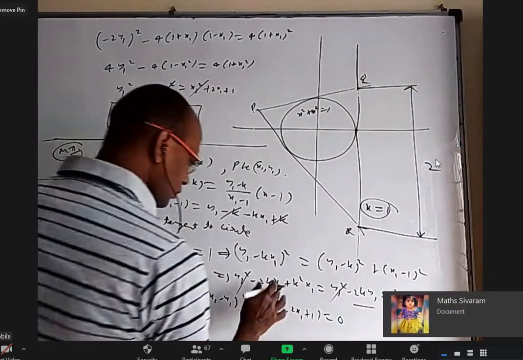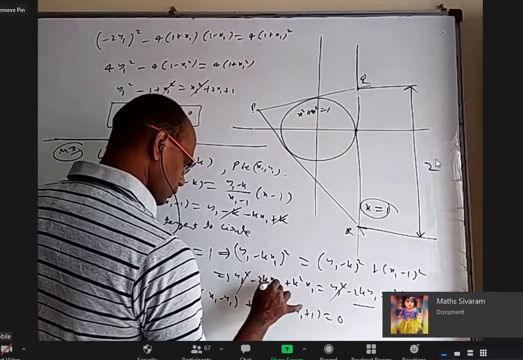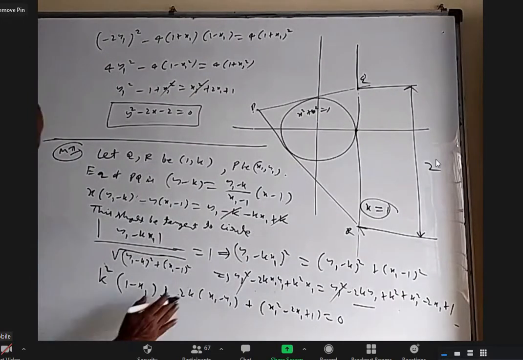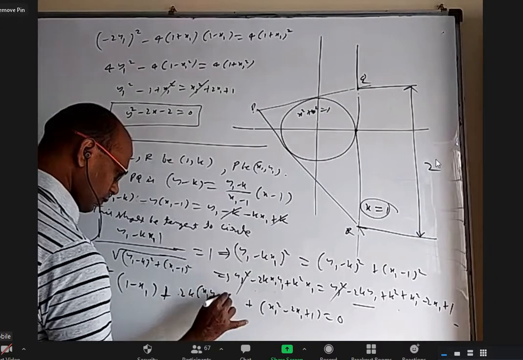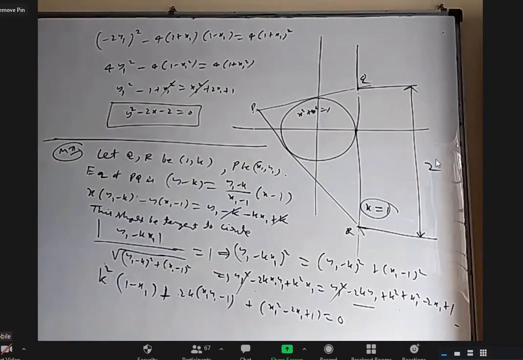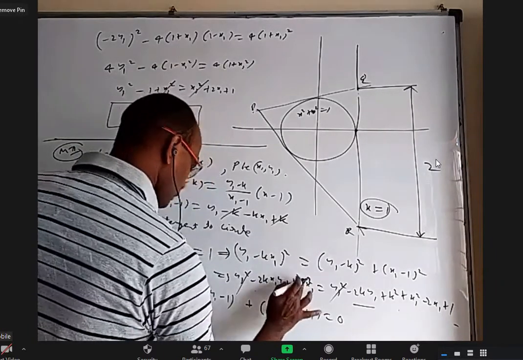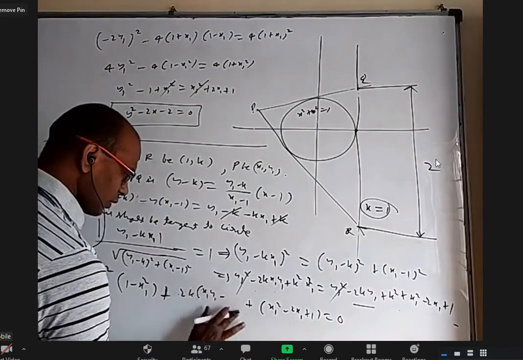This is 2x1 y1. Okay. When I send that side, I'll get x1 y1 minus 1. This is x1 square. Again, I can cancel x1 y1 everywhere.